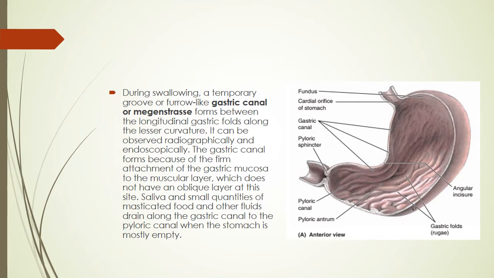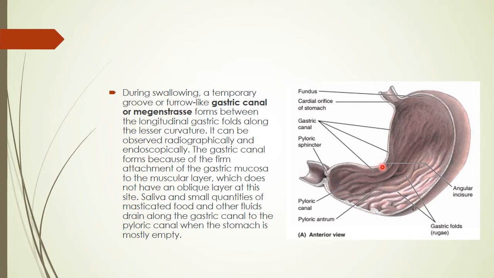Along the lesser curvature of the stomach, these gastric folds are arranged longitudinally, and due to this arrangement a temporary groove or furrow-like canal is produced along the lesser curvature, which is called the gastric canal or Magenstrasse. It can be observed radiographically and endoscopically.